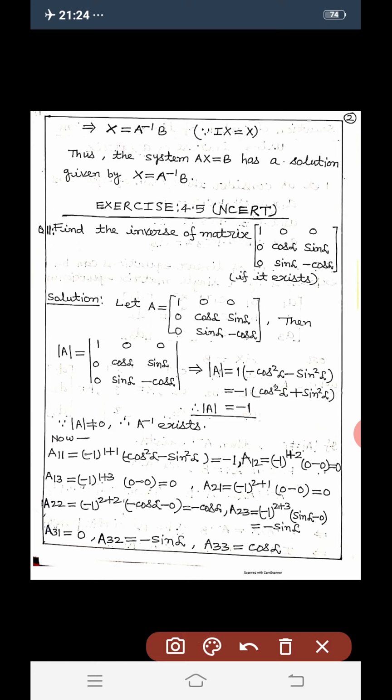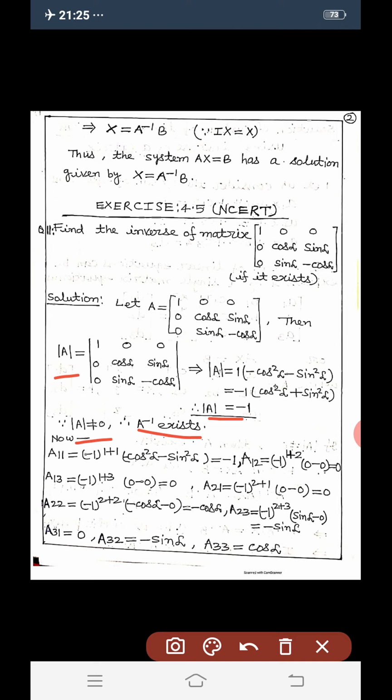Expand along the first row, we get determinant of A equal to minus 1. Since determinant of A is not equal to 0, that is, A is a non-singular matrix, so A inverse exists.